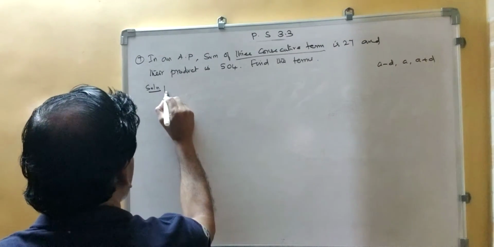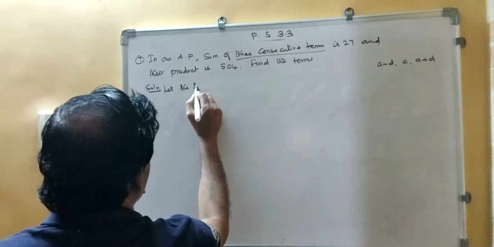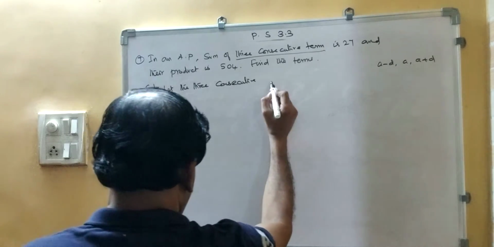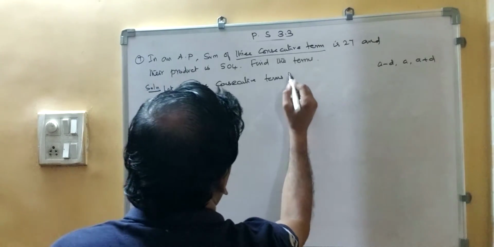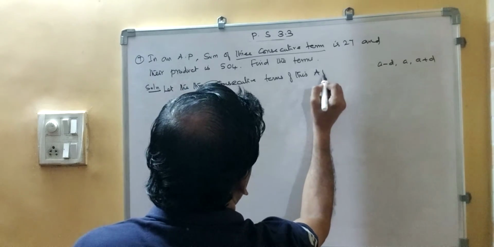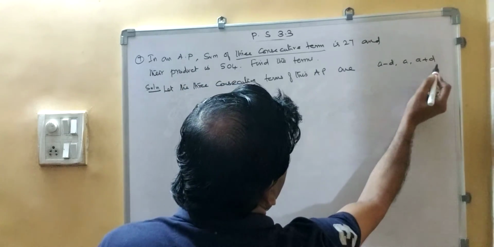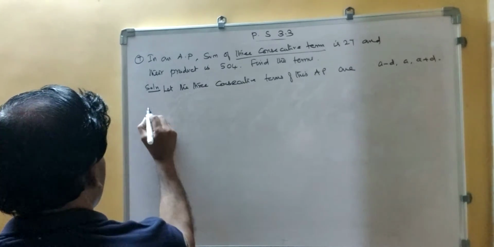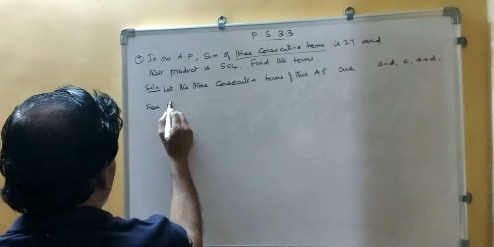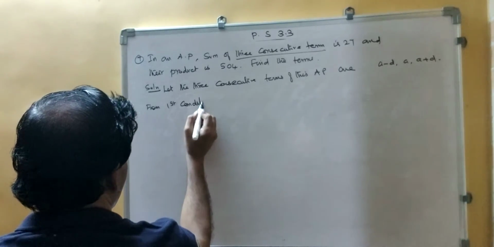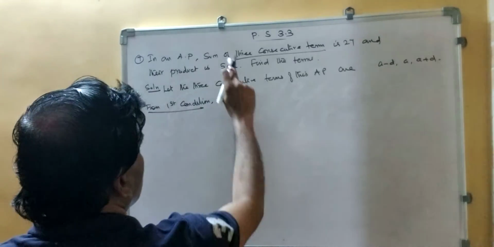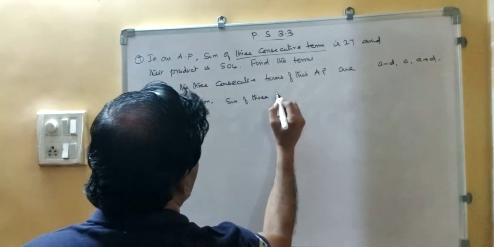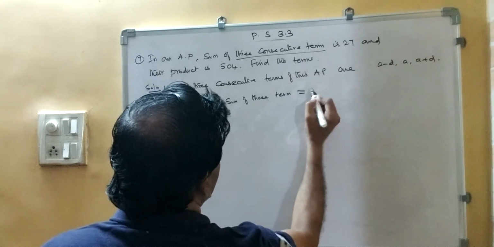Therefore, let the 3 consecutive terms of this AP be A minus D, A, A plus D. Okay. Now, what is the first condition? From the first condition, the sum of 3 terms is 27.